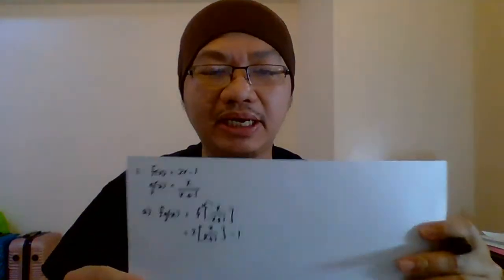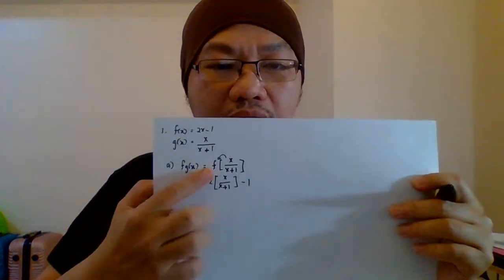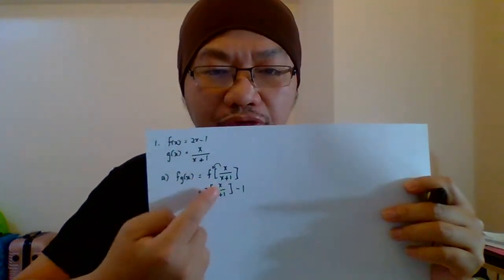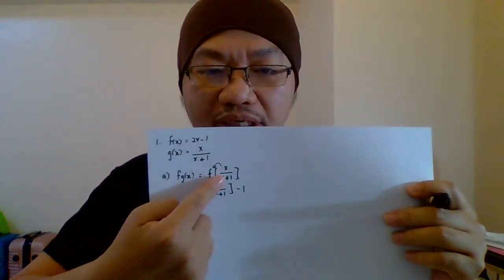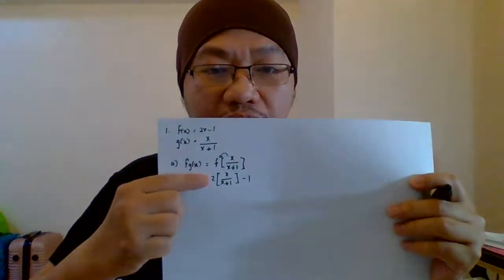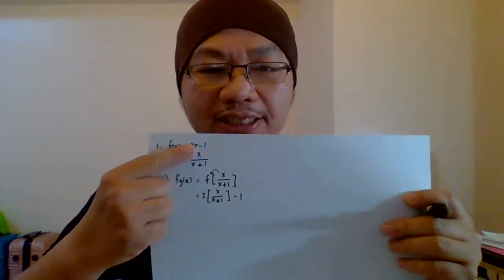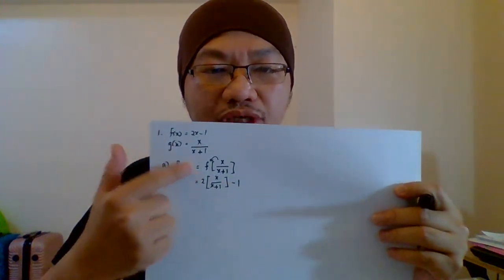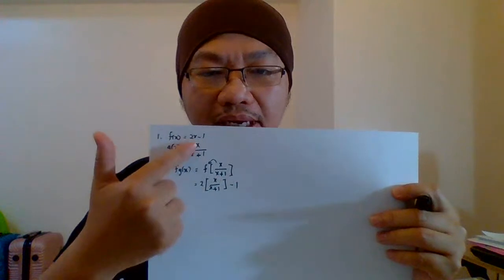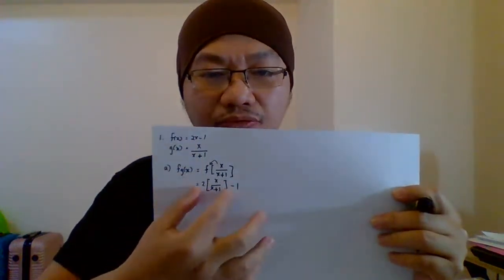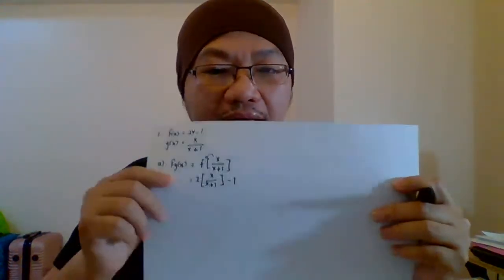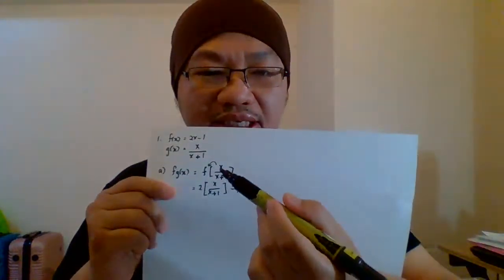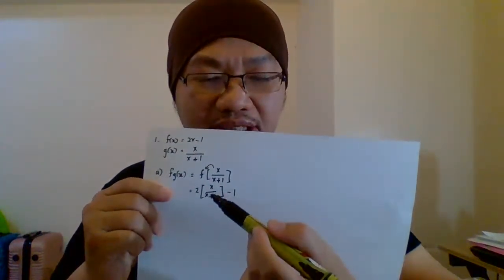F of g: we write the function of g, and then insert g(x) into f. Look at your function f here, we have 2x - 1. So we write 2 and then minus 1, but this x we replace with the big bracket, and inside the big bracket we cut and paste g(x).